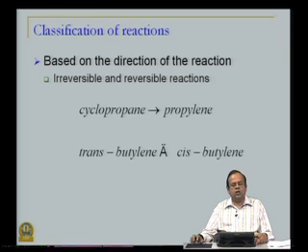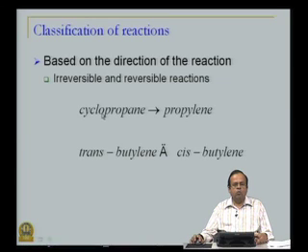Okay. Reactions are also classified based on direction of reaction. Strictly speaking, no reaction is irreversible, all reactions are reversible, but thermodynamic considerations tell us that for all practical purposes, some reactions such as cyclopropane to propylene always proceed from left hand side to right hand side.